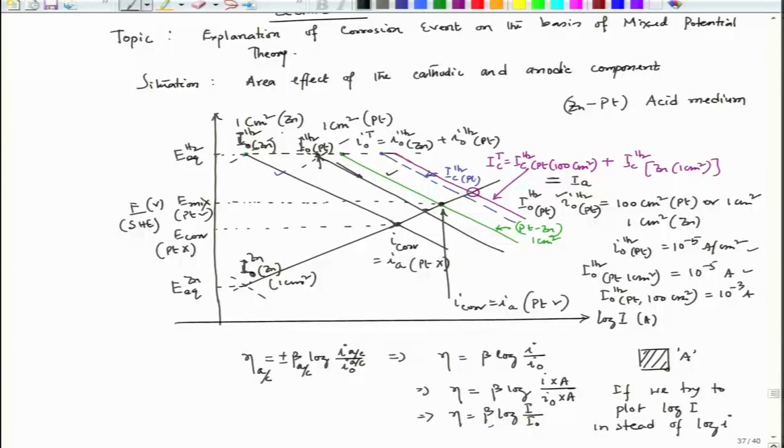So, this is the condition, and then what will be the mixed potential? This is the mixed potential, E mix, when this condition is met, when zinc of 1 centimeter square is connected to platinum of 100 centimeter square.